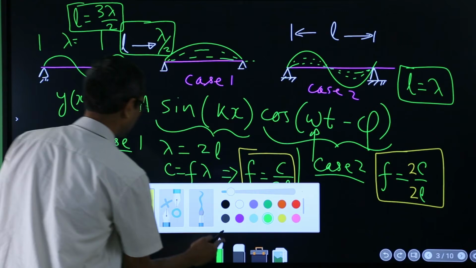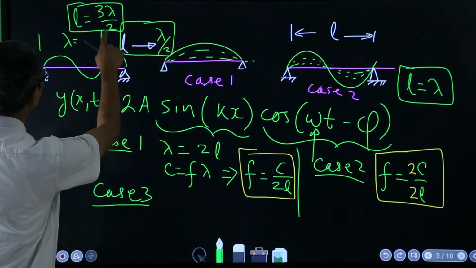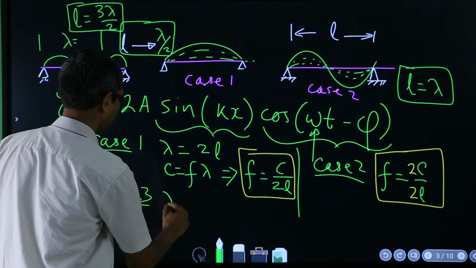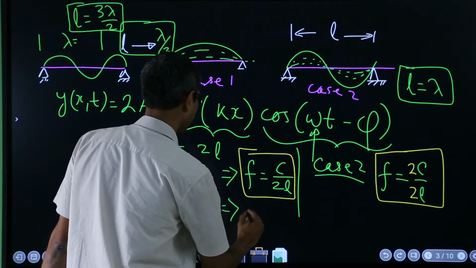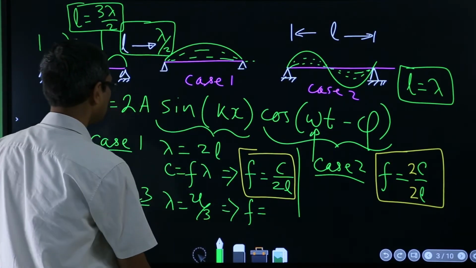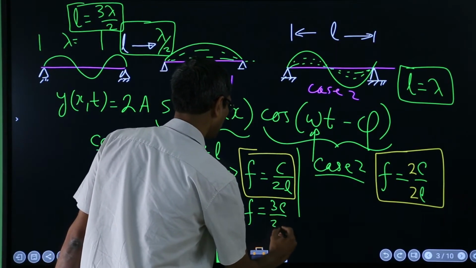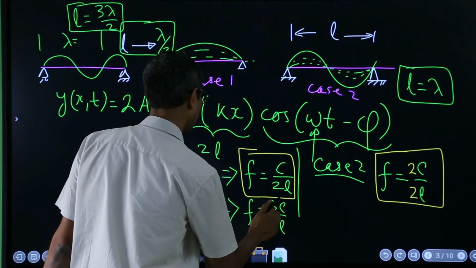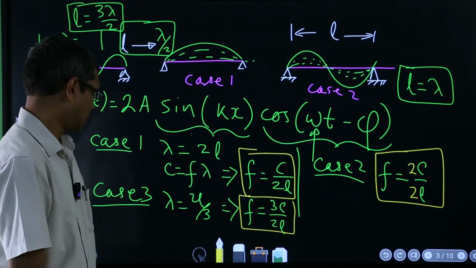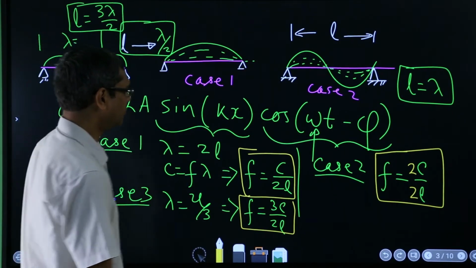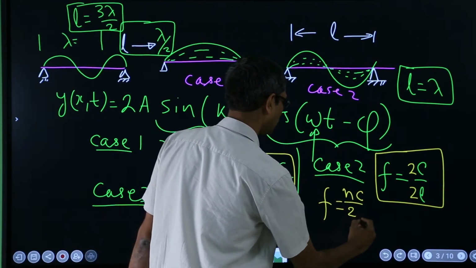Now if I write case 3, your lambda is 2L over 3, so your frequency is C over lambda, which is 3C over 2L. Now that means your general frequency is NC over 2L.